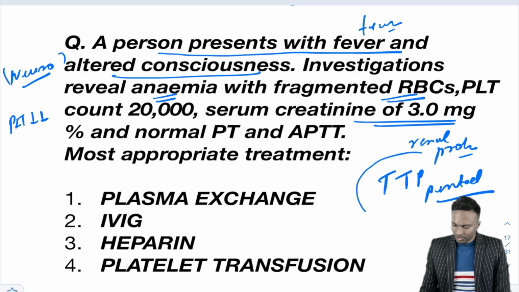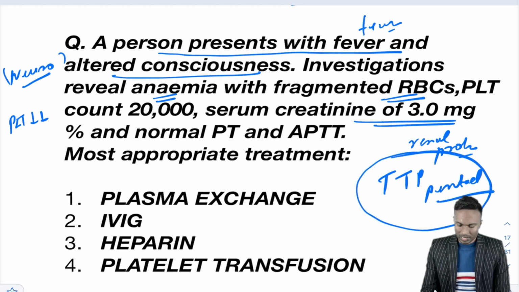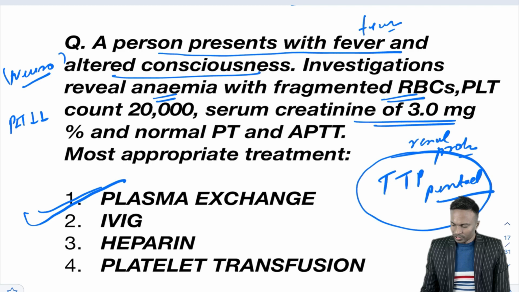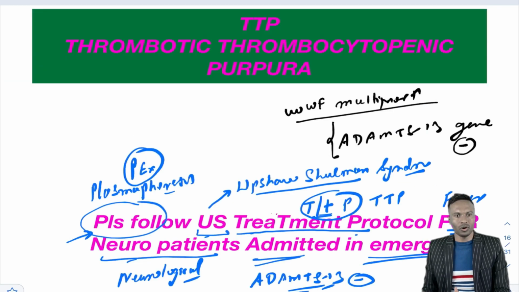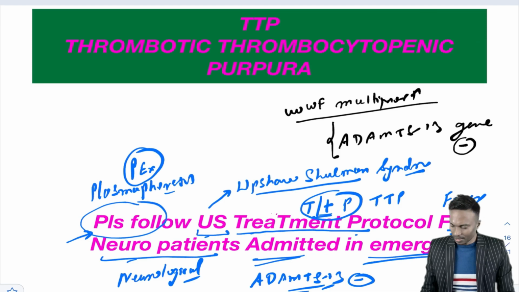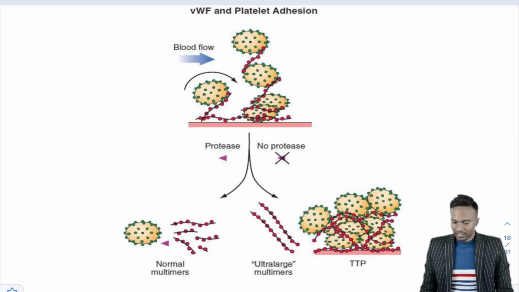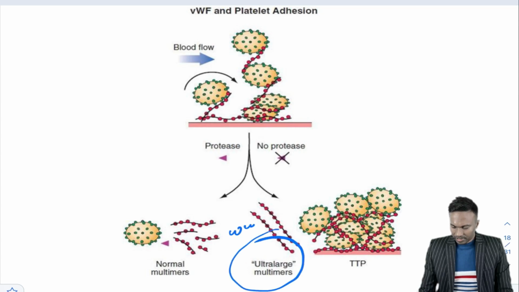What is the treatment of TTP? It is plasma exchange. This mnemonic is quite helpful in remembering all the things related to TTP. Please follow US treatment protocol for neuro patients admitted in emergency. Right. These are the multimers of von Willebrand factor.